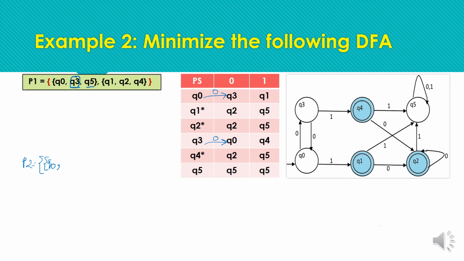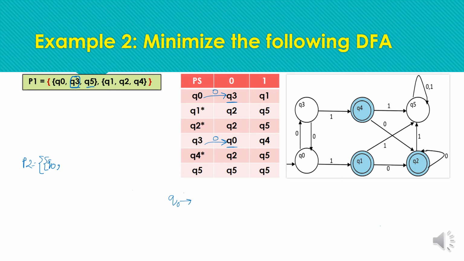Now we are checking Q0 and Q3. From Q0 for input symbol 0 we are moving to the state Q3, and from Q3 for input symbol 0 we are moving to the state Q0. So let's write the groups.